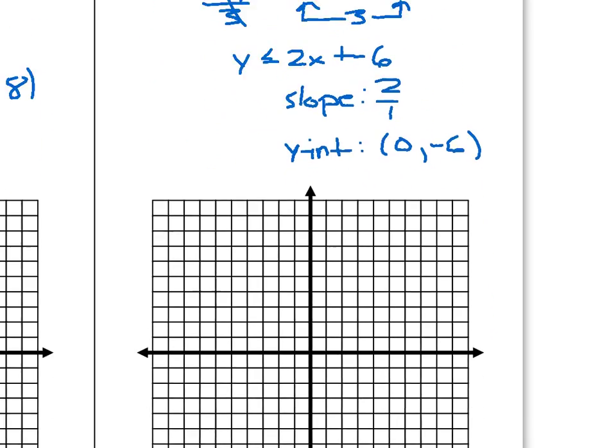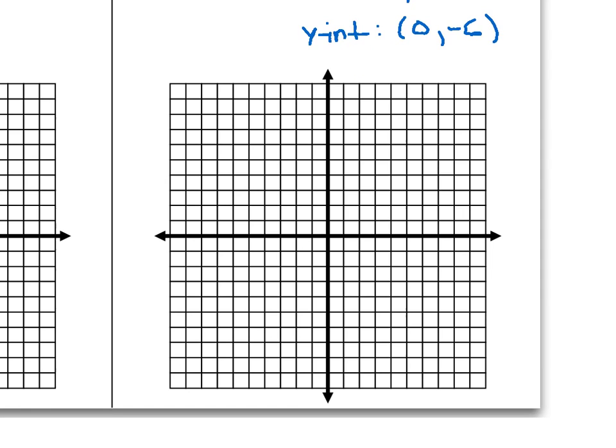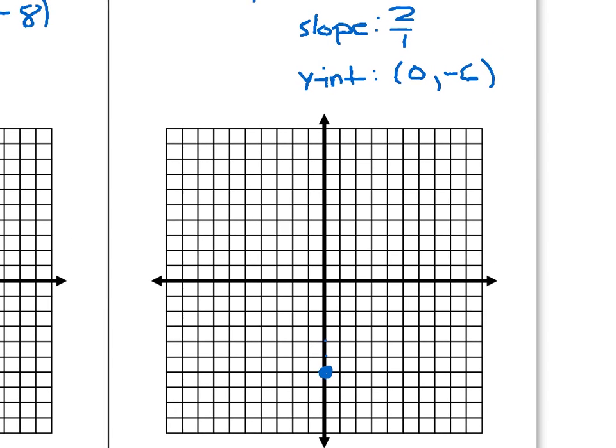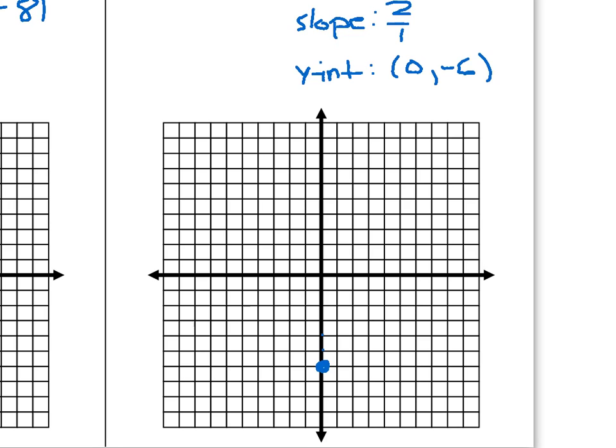So we'll go ahead and we'll graph these points, starting with our y-intercept. 1, 2, 3, 4, 5, 0, negative 6. A slope of 2 over 1, so rise of 2, run of 1, rise of 2, run of 1. And I need to be thinking about whether it's dashed or solid.